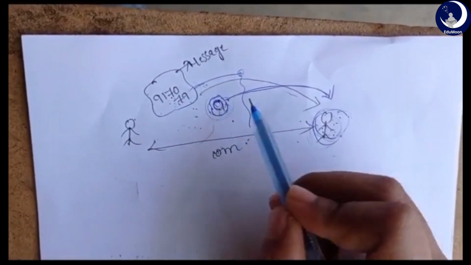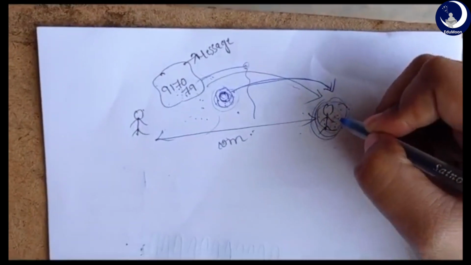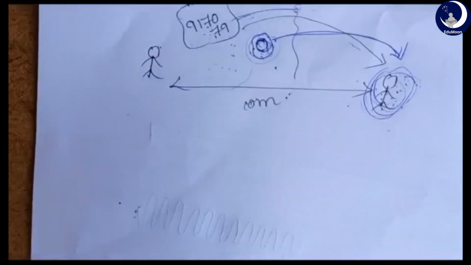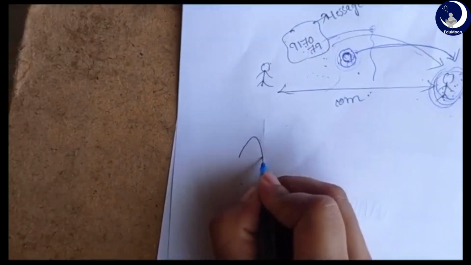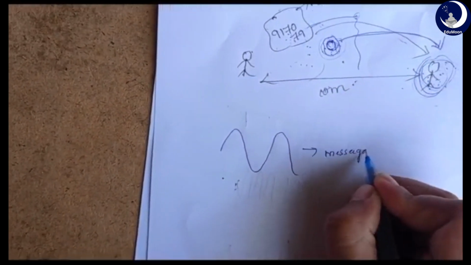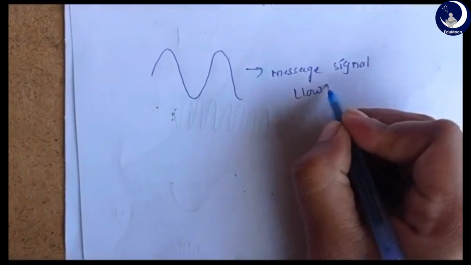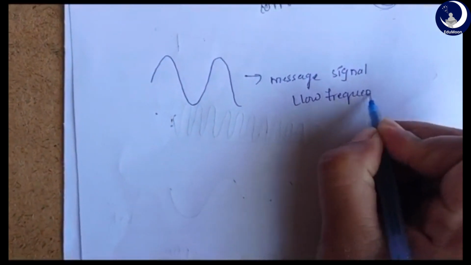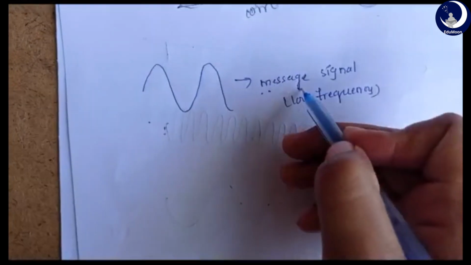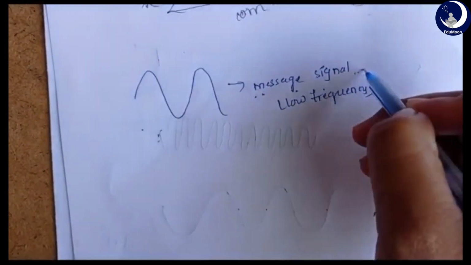So what we are doing is adding a stone to make sure that your friend receives it. In the same way, in modulation, we will be having a message signal. This is the message signal, generally of low frequency. A message signal is a signal which has some information, the information that needs to be transmitted.